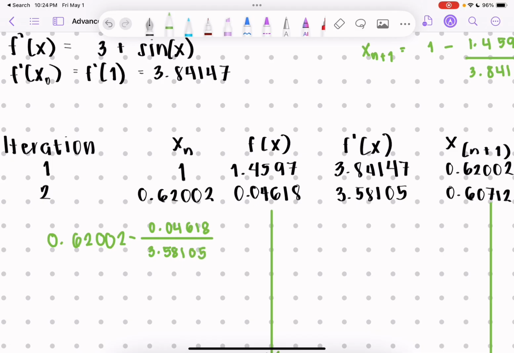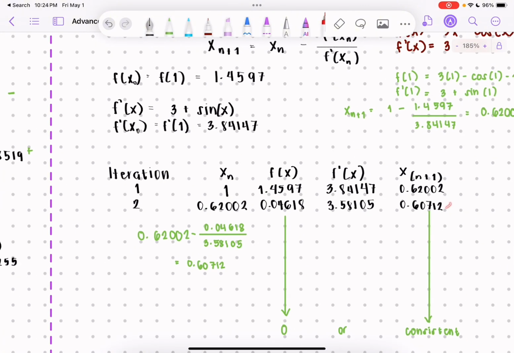And that would give us 0.60712, which is our value right over here.